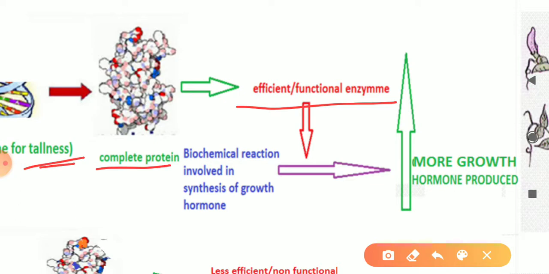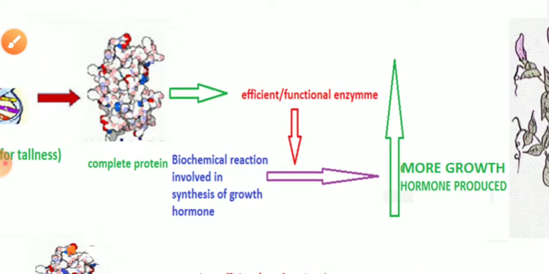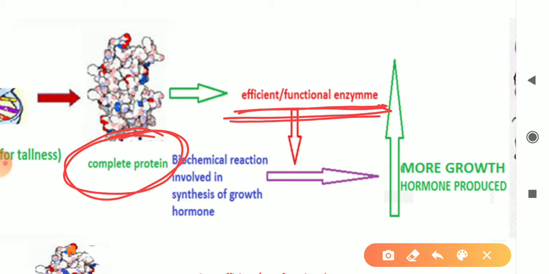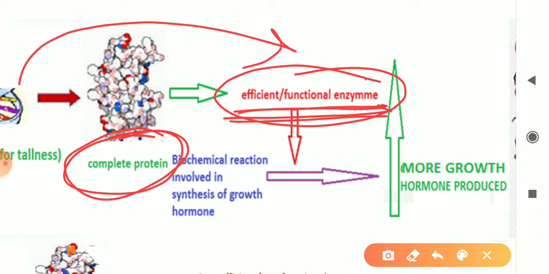Tallness is a dominant trait, so the protein that is made using the information will be a complete protein. As it is a complete protein, when it acts as an enzyme, it will be an efficient or functional enzyme.